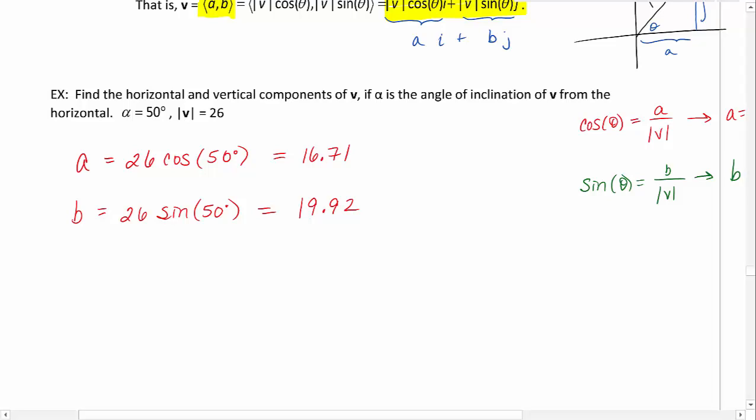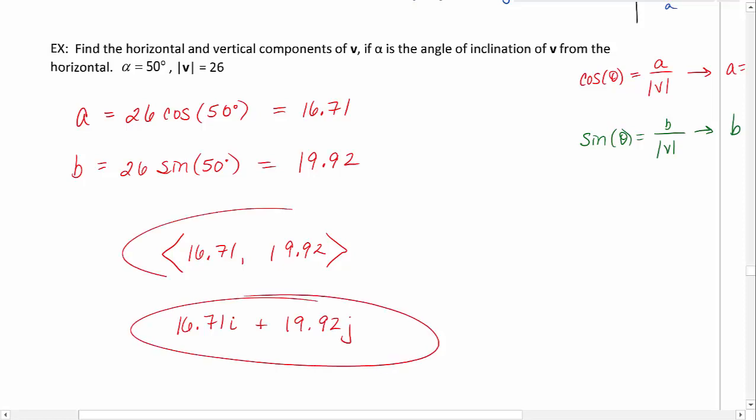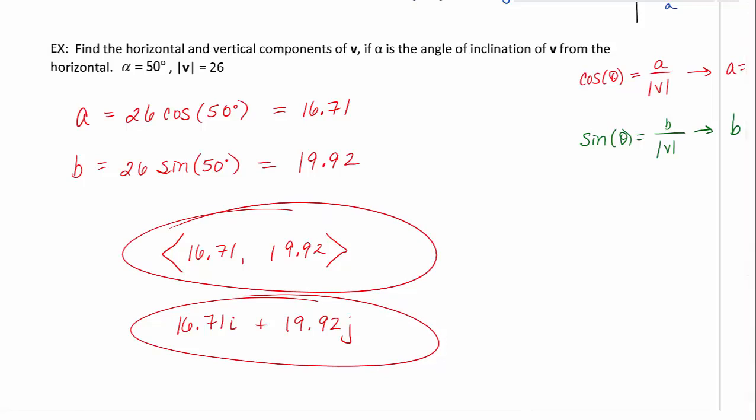So that means that our vector is 16.71 comma 19.92, or if we wanted to write it in our ai plus bj notation, it'd be 16.71i plus 19.92j. Usually I use the angle brackets until there's a reason to rewrite it in the ai plus bj form.